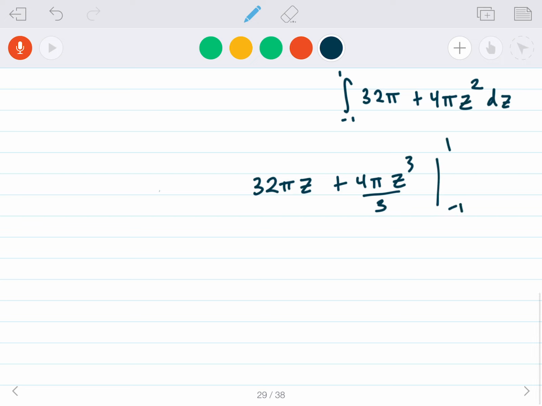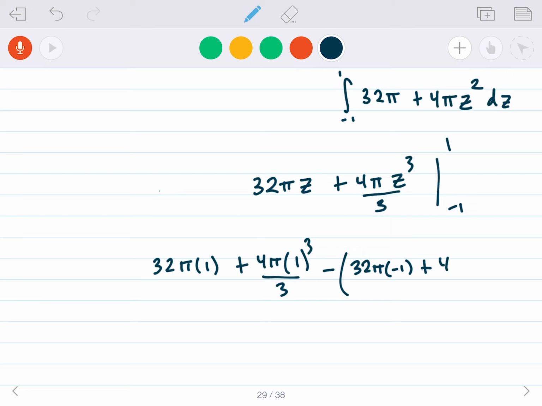So we have 32 pi times 1 plus 4 pi 1 cubed over 3, and then we're going to subtract off 32 pi times -1 plus 4 pi over 3 times -1 cubed.